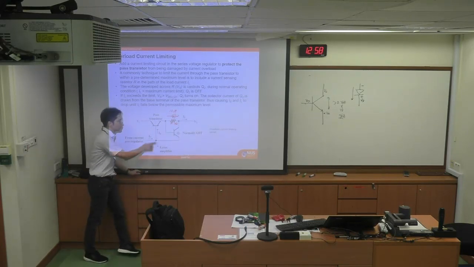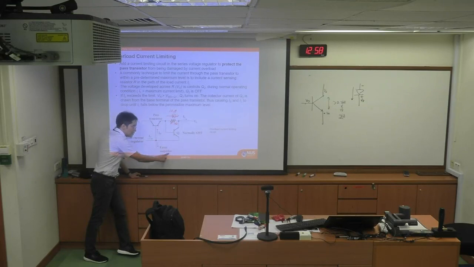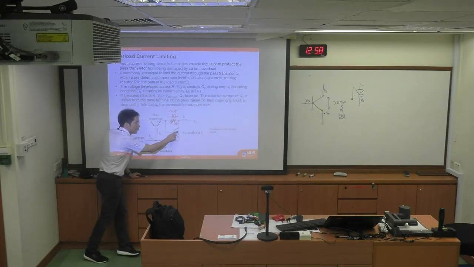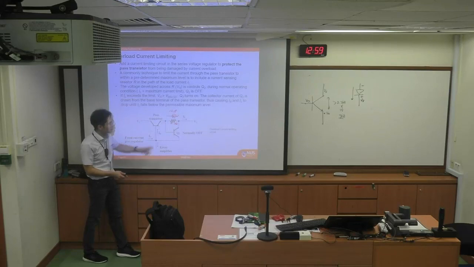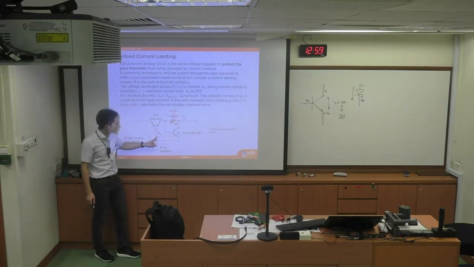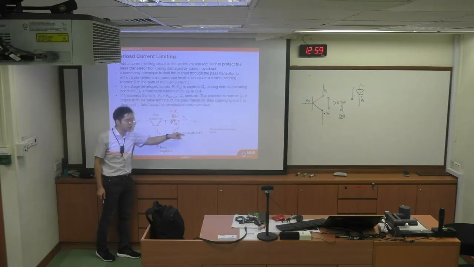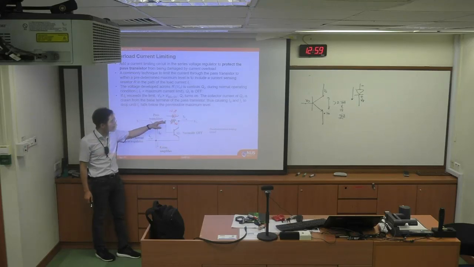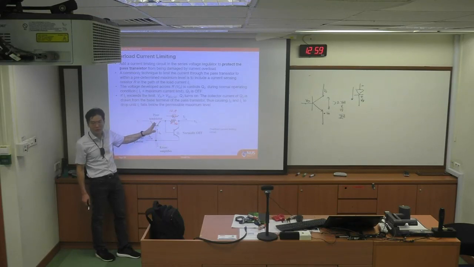If Q2 is turned on, you can see that the error amplifier's output, instead of all of it going to the base of the pass transistor, some of it will be shunted away through Q2, directly to the load. So that instead of increasing the base current, some of it will be shunted away directly to the load, so that you cannot increase the base current of the pass transistor above a certain level.